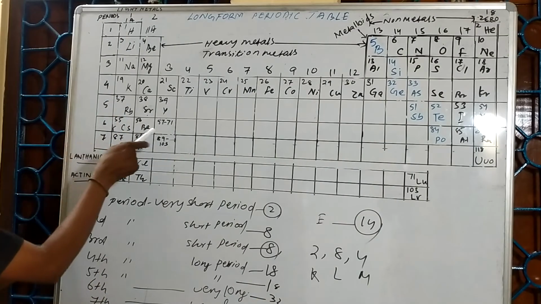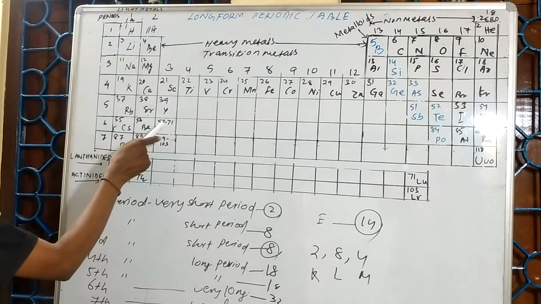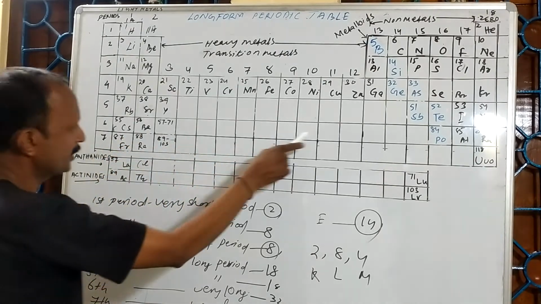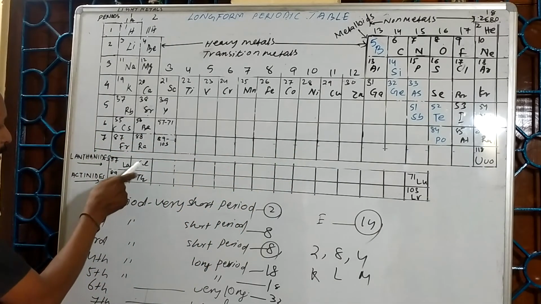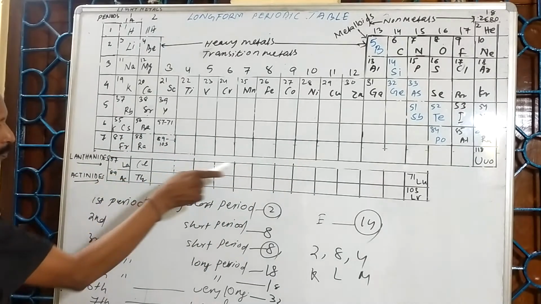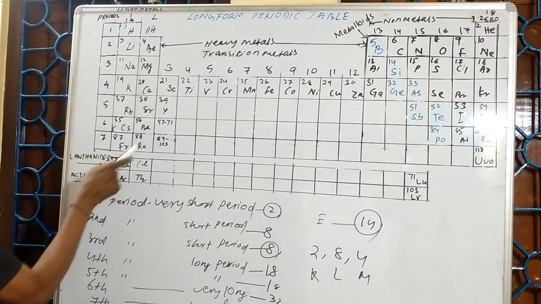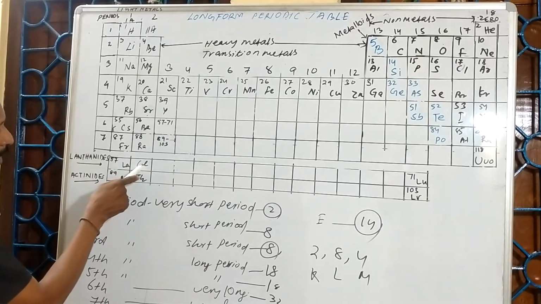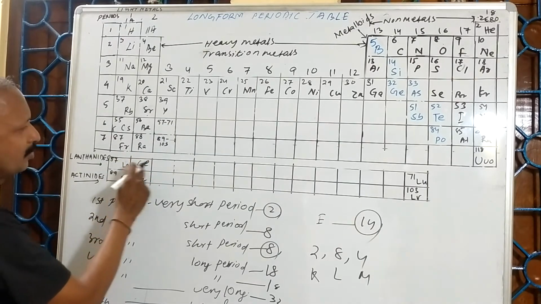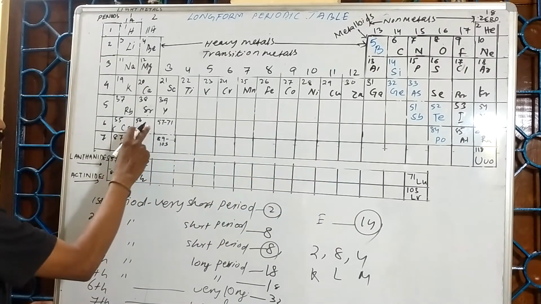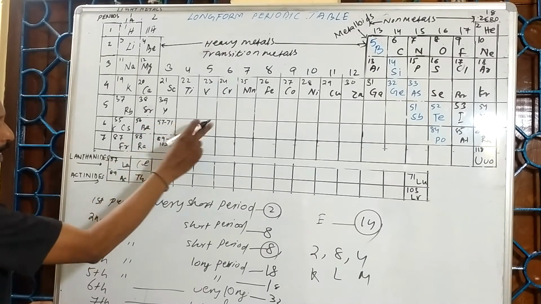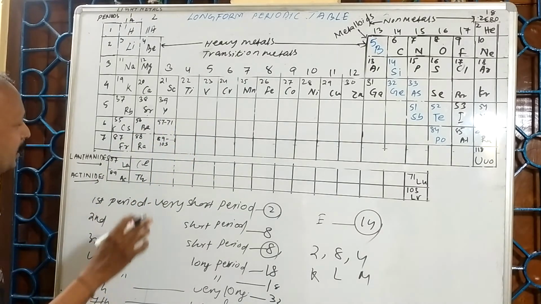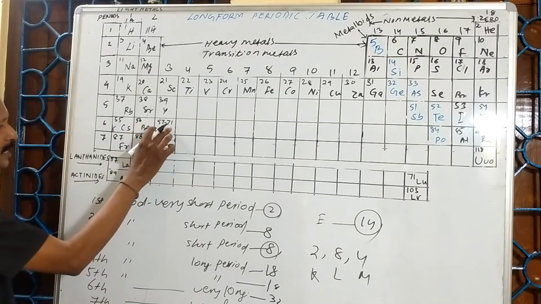Sixth period contains 32 elements. See that here 18 is there, down there 14 is there. If you leave lanthanum, lanthanum's place is here. That means from the next element, cesium onwards, 14 elements are there. So 18 plus 14, 32.